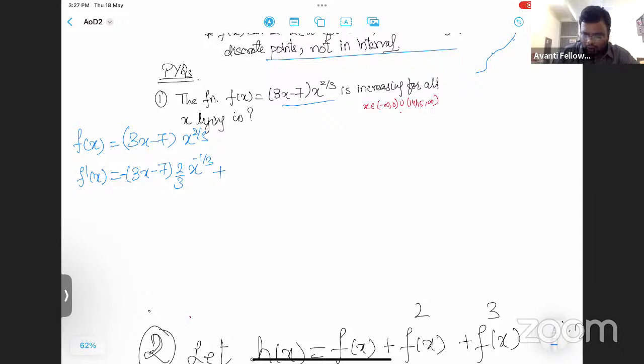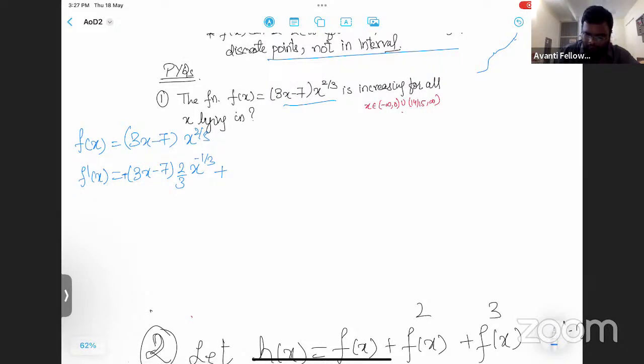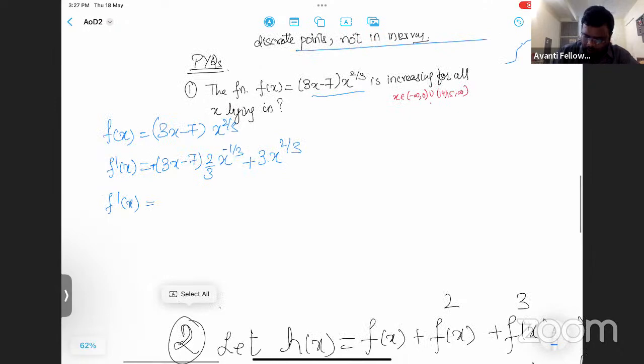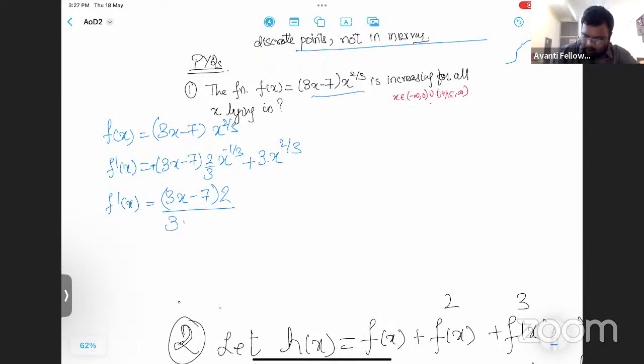Plus differentiation of the first function 3x minus 7, that is 3, into x power 2 by 3. Now we'll rearrange the terms. So this is (3x minus 7) into 2 divided by 3x power 1 by 3, plus 3x power 2 by 3.